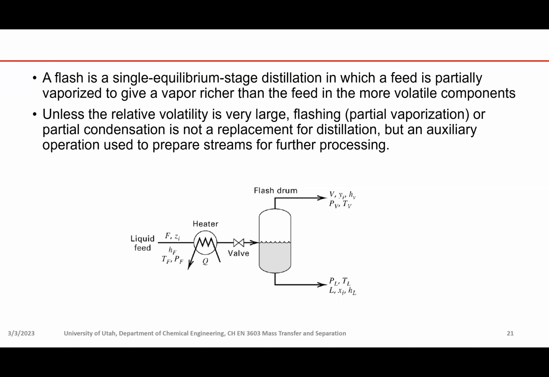If the relative volatility of all the species in our feed is large, then we can do a good separation in one step, in a single stage process. But if the relative volatility is small, then this operation is typically an auxiliary operation to prepare a feed for other further separation processes.